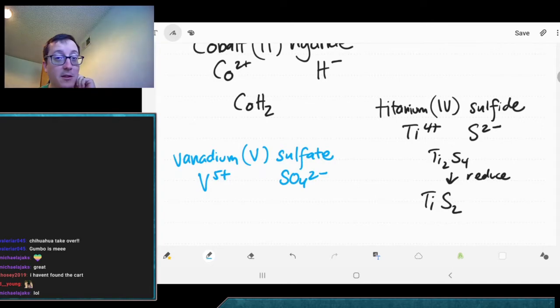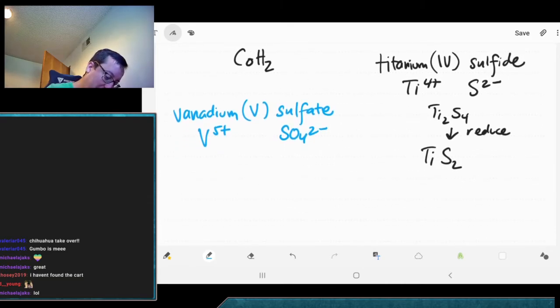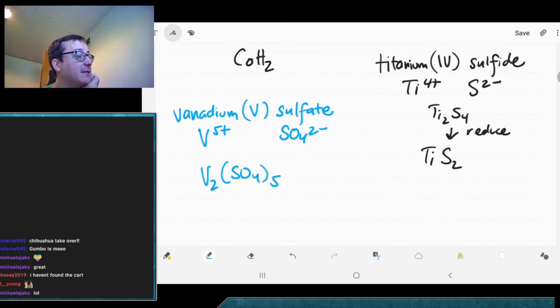This is why I wanted you to have these memorized, because if you have to take a look at where sulfate is on this chart, it's going to take you some time. So you don't want to be wasting time looking at that sort of thing. So I guess it's too late now, but yeah. If we crisscross these, we get V2(SO4)5. Don't forget you'll need your parentheses here because now we have multiples of one polyatomic ion.